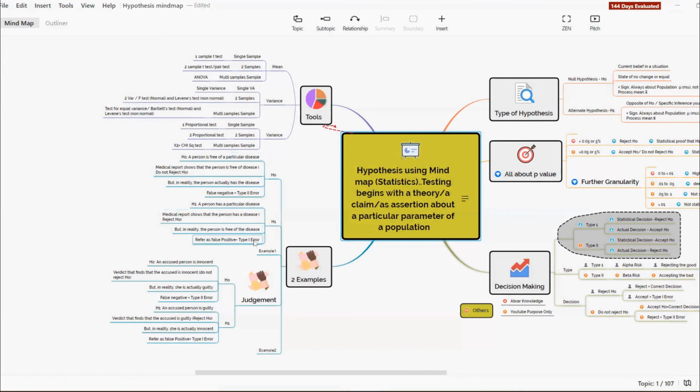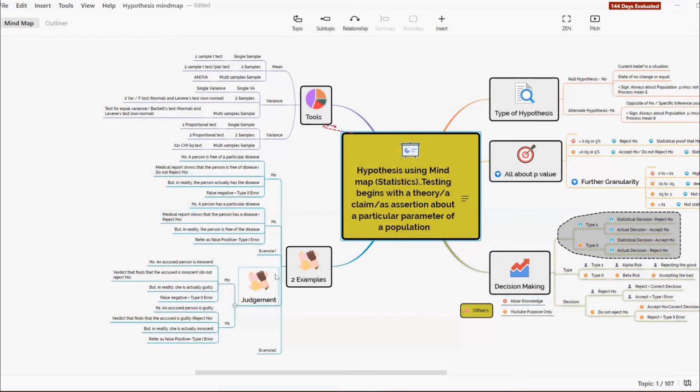That is referred to as a false positive, and that is called type 1 error. So type 1 error has different names: one is alpha risk, one is false positive. Type 2 is beta risk, also known as false negative.